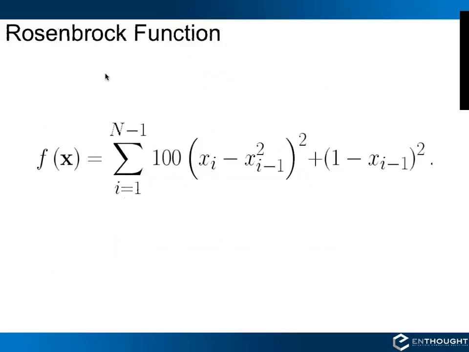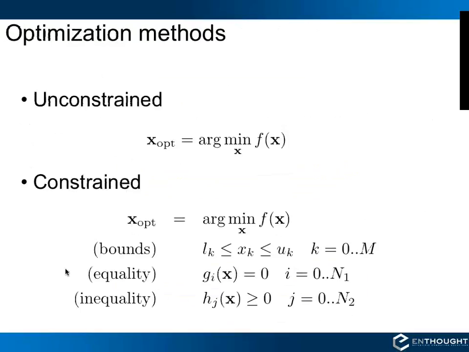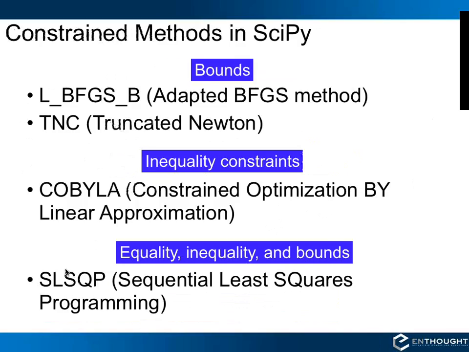If you look at the definition of the constrained optimization problem, you can see there are basically three kinds of constraints: bounds, equality constraints, and inequality constraints. The two methods shown here only allow you to have bounds on the constraints. COBYLA also allows you to have inequality constraints. And sequential least squares programming is the only one that allows inequality constraints, bounds, and equality constraints.